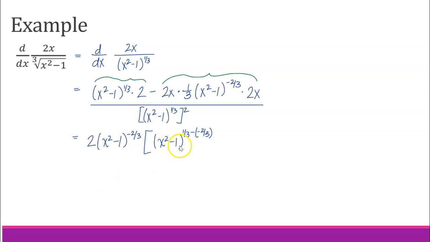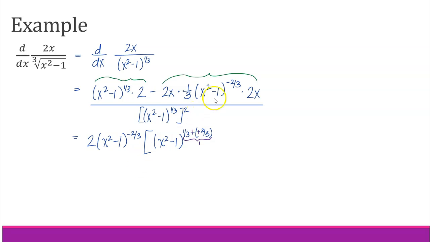When we factor out negative 2/3, we're really subtracting that. So 1/3 minus negative 2/3 becomes 1/3 plus 2/3, and that's just a 1. So all of this just simplifies to a 1 right there.